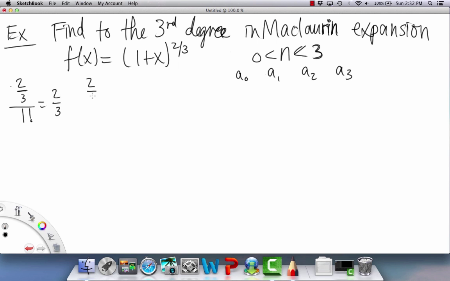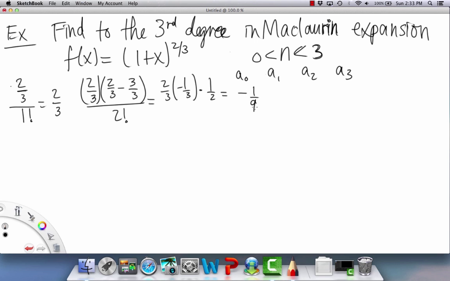And then we have the next one, which is 2 over 3 times A minus 1, which is 2 over 3 minus 1, 3 over 3, over 2 factorial, which is equal to 2 over 3 times negative 1 over 3. Okay, so I'll just write that. 2 over 3 times negative 1 over 3 divided by 2, so that's times a 1/2, equals negative 1 over 9. Okay, and so that was the first and the second one.